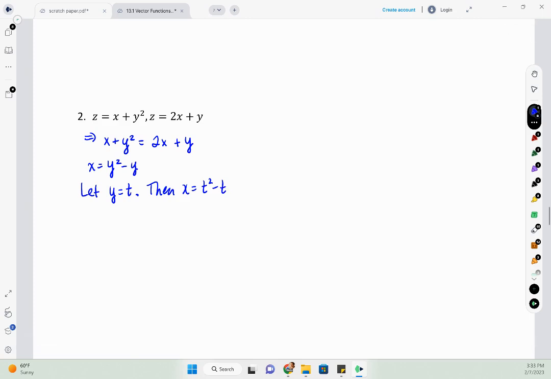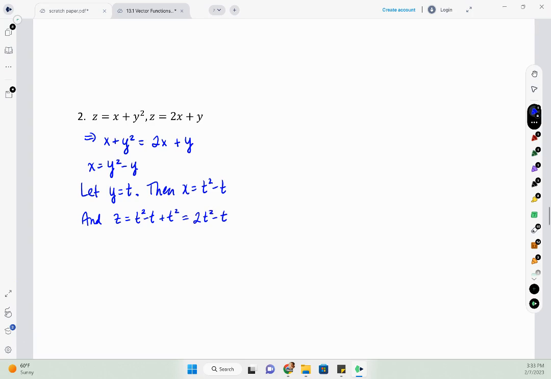And then I should be able to choose either of the representations of z. And z, I'll just choose the first one, is equal to x, well, x is t squared minus t, plus y squared, which is plus t squared, and this simplifies down to 2t squared minus t. We would get the exact same thing if we had used the second z.